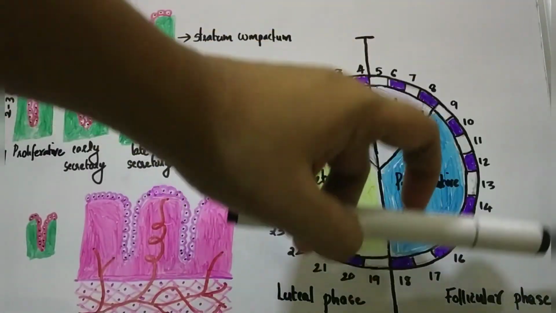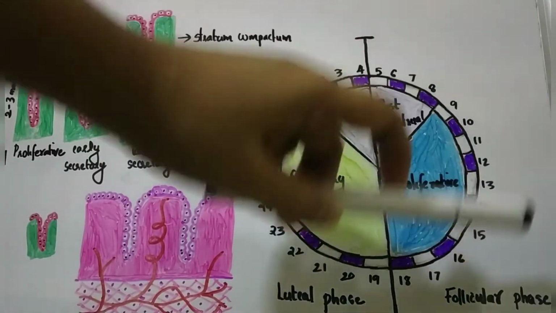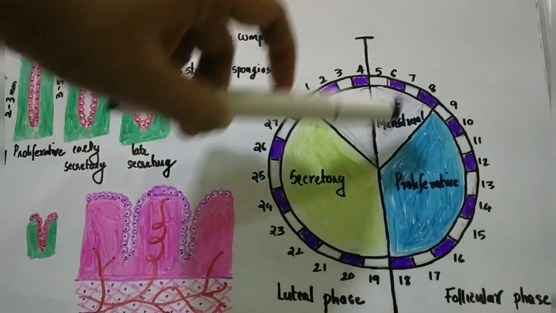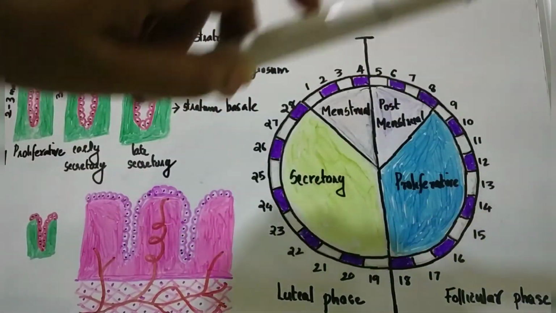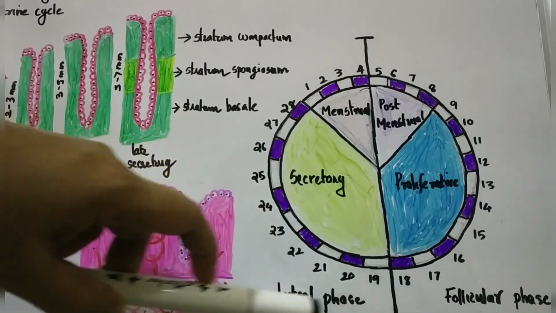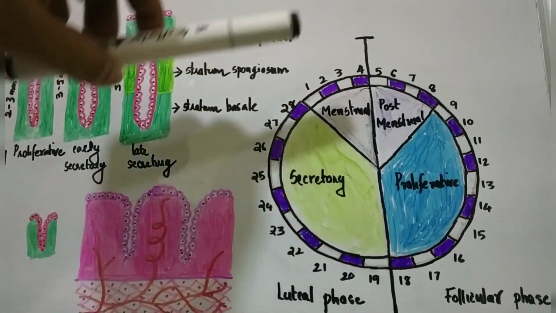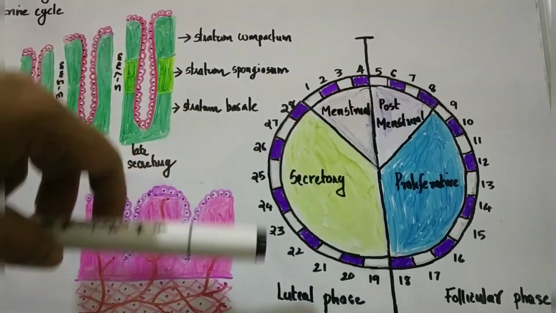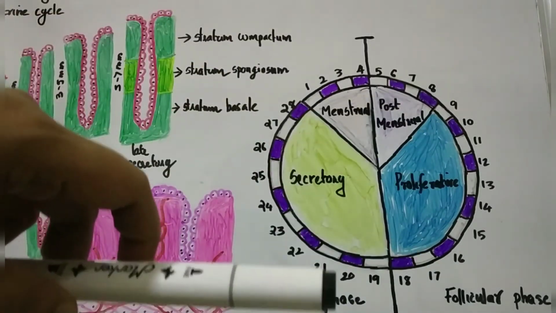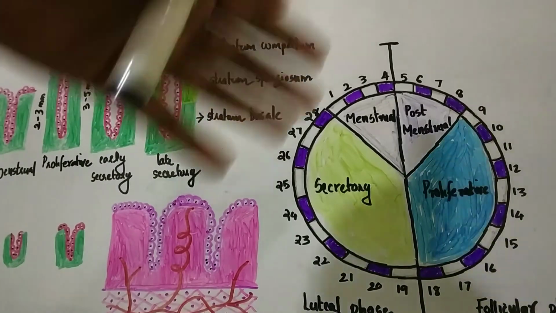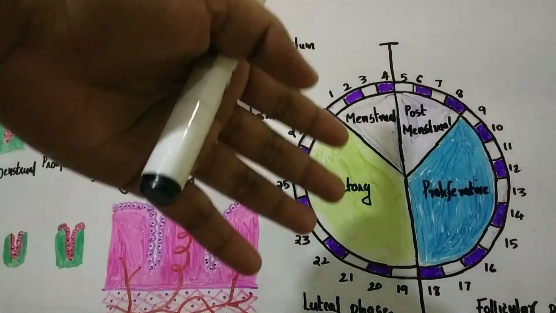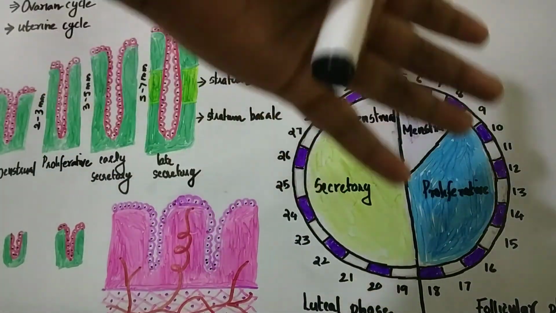During the follicular phase, the growing follicles secrete estrogen, which helps in the proliferation of the endometrium, and during the luteal phase, the corpus luteum secretes progesterone, which helps in maintaining the endometrium. Thus the growing follicle as well as the corpus luteum is involved in the uterine cycle.